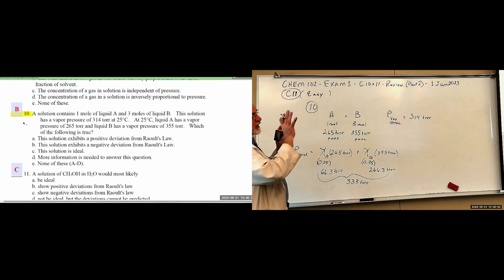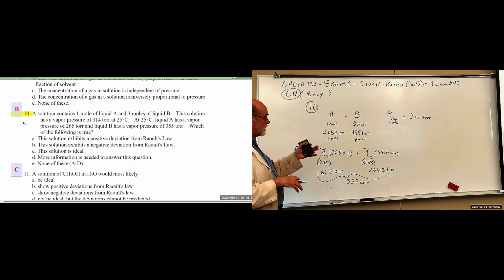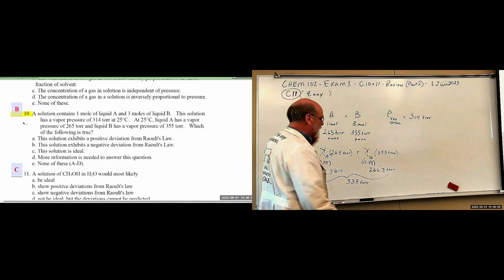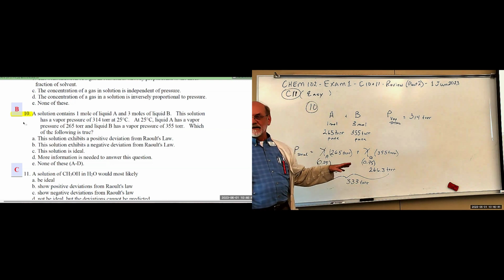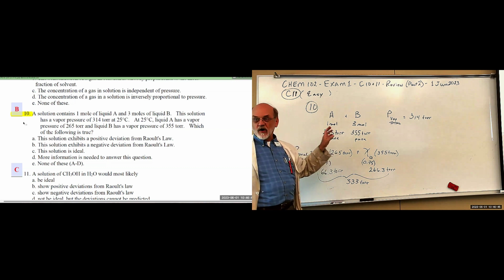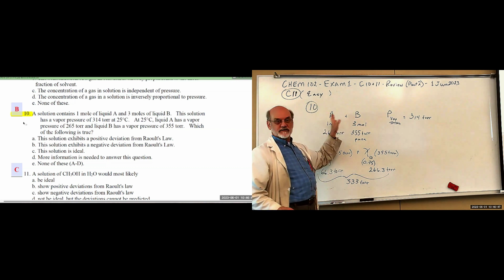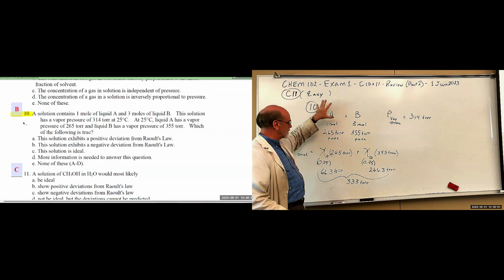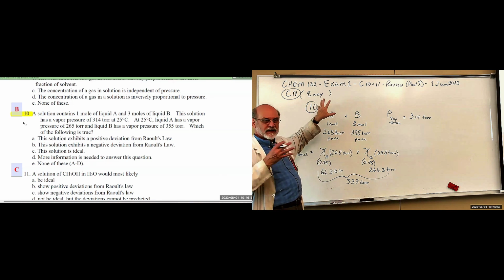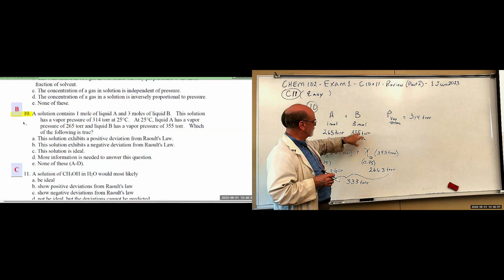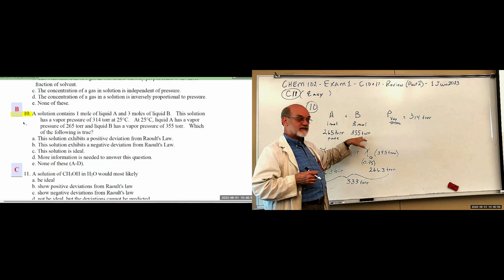Now, it's not part of the question, but why does that happen? Why would it be a negative deviation? Why would the mixture have a lower vapor pressure? Because these two attract one another more strongly than each attracts their own kind. A attracts A with a certain intermolecular force, which gives you this value. B attracts B with a certain intermolecular force, which gives you this value.